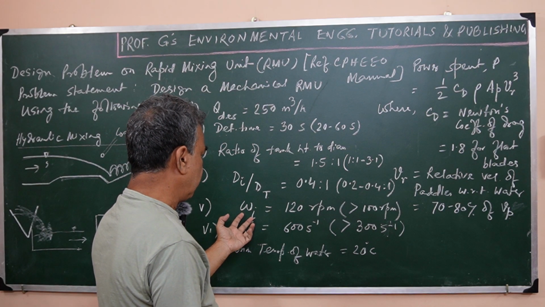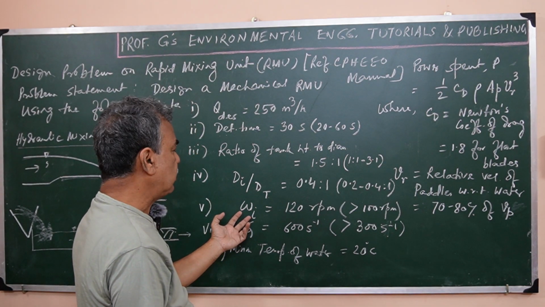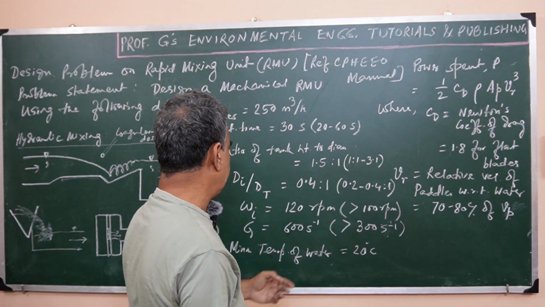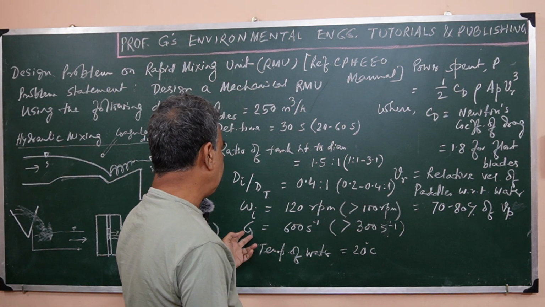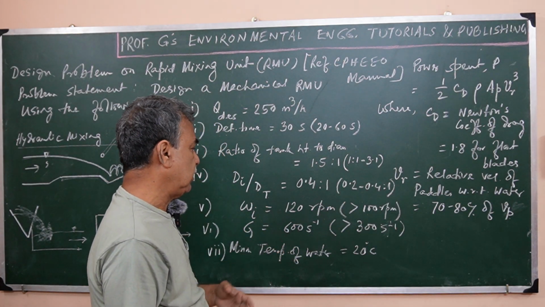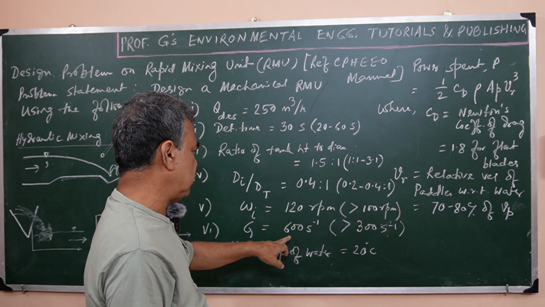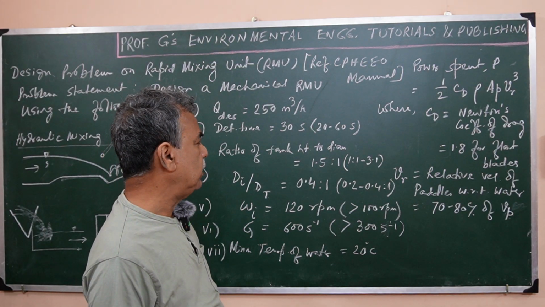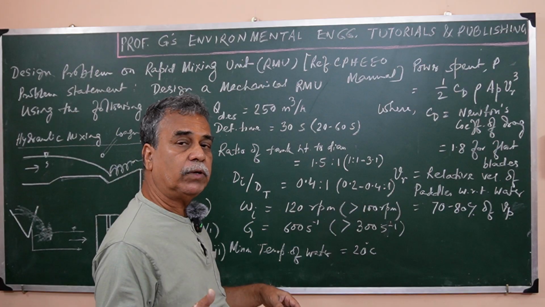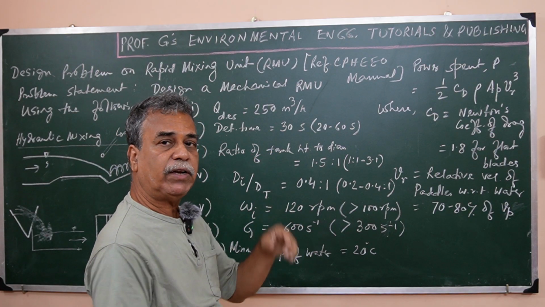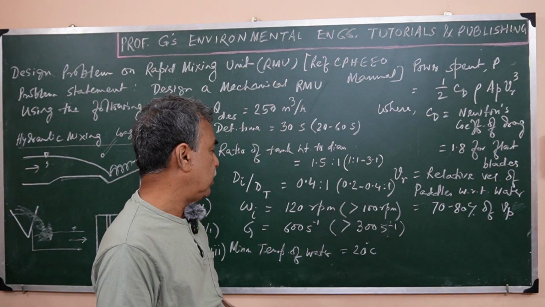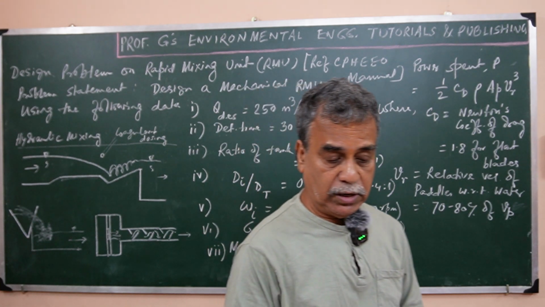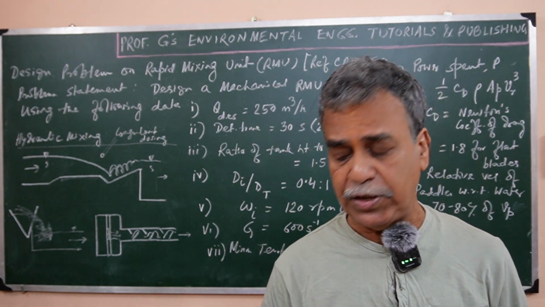This is the rotational speed of the shaft of the impeller, more than 100 rpm recommended, and G, the mean temporal velocity gradient, is given here as 600 per second. For a propeller, as I told you earlier, the recommended range is from 700 to 1000 per second. Then the minimum temperature of water.